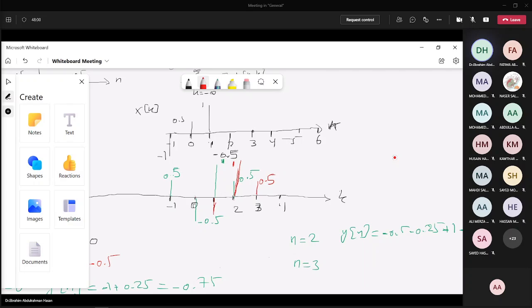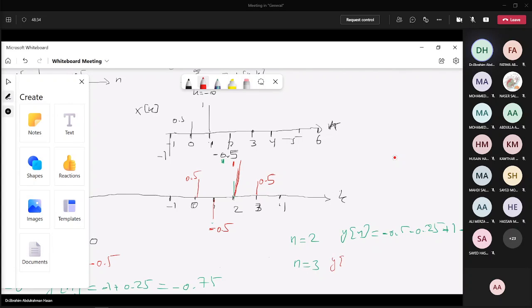Here will be minus 0.5. And here will be 0.5. Just remove the green one. Okay, and repeat the same thing.